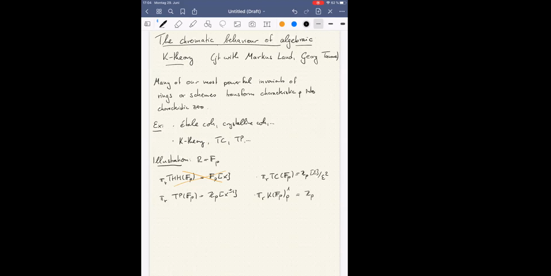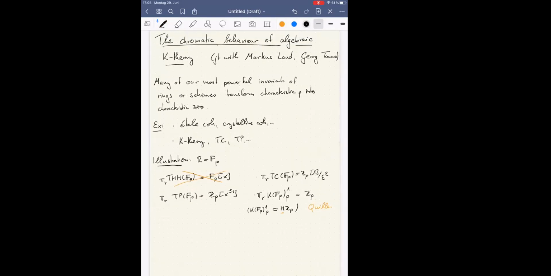This is just Zp concentrated in degree 0. Which means equivalently that this is the same as HZp. So sometimes I will leave out the H, which stands for Eilenberg-MacLane spectrum. Sometimes I will leave this out, sometimes I will write it. I hope this won't lead to any confusion. And as you all know, this last computation is due to Quillen.